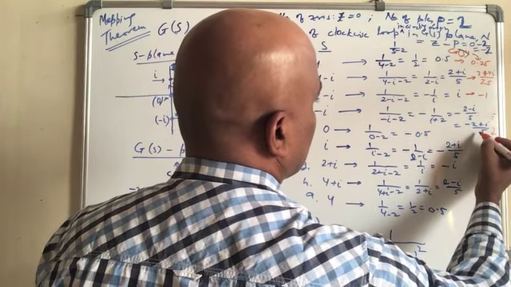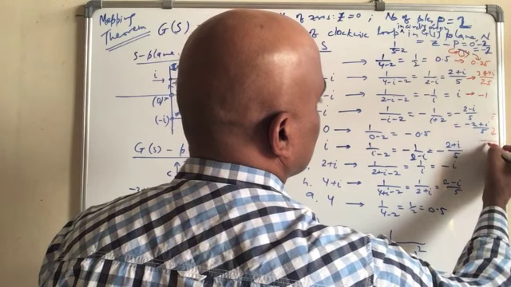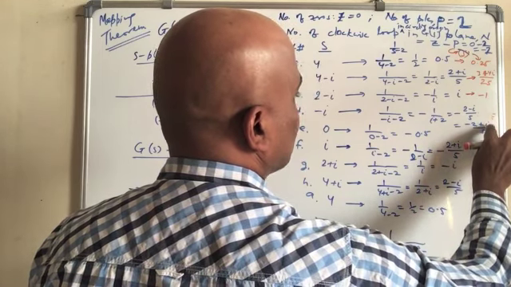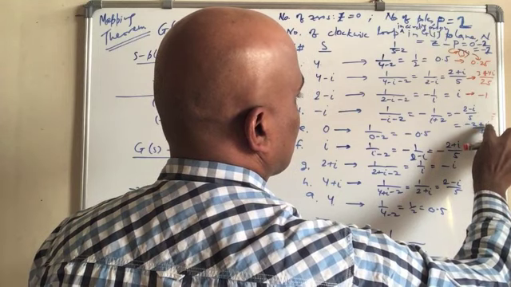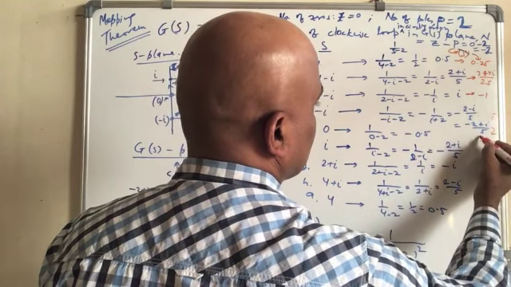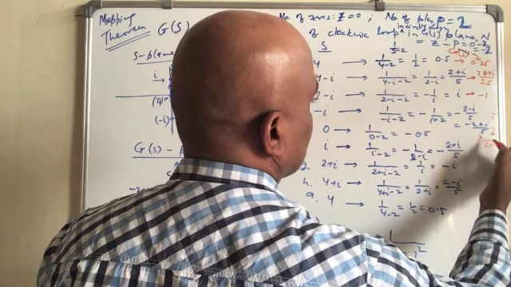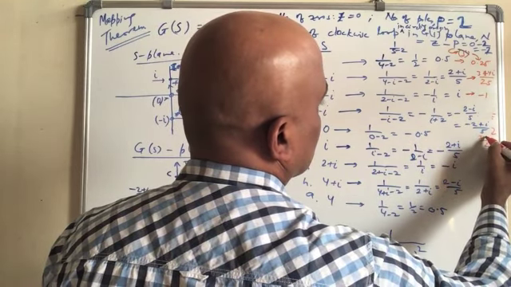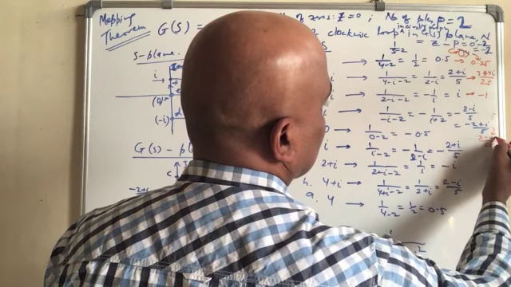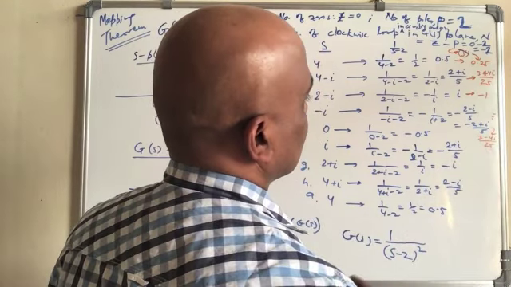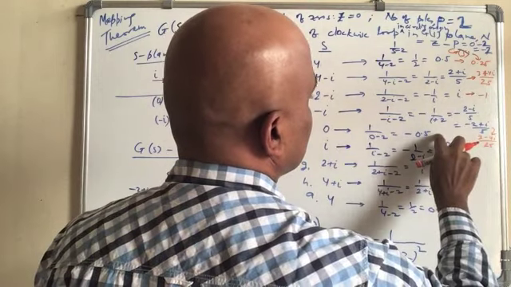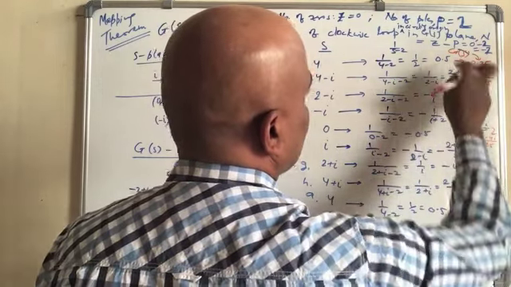So we have 25, and then 4 minus 1, 3, and we will have minus 4i. Okay, here what do we get? We will get the same value as this one, the square of it.